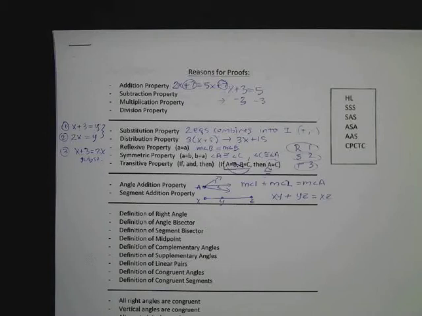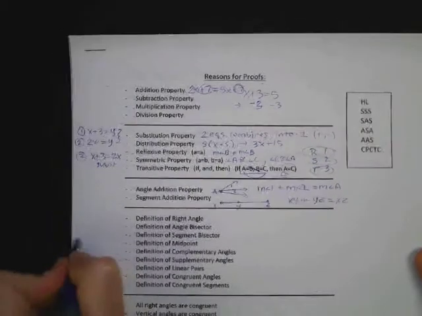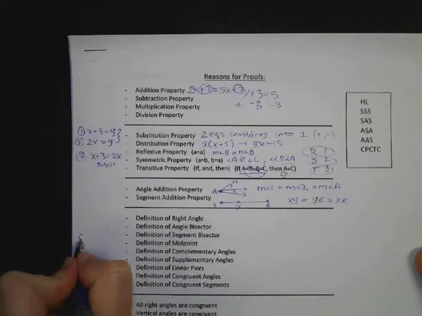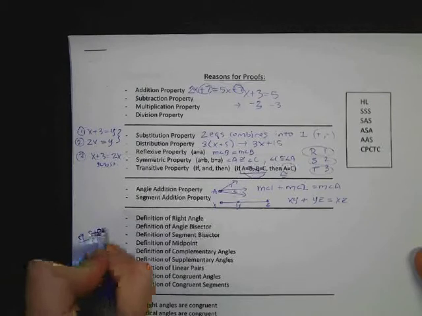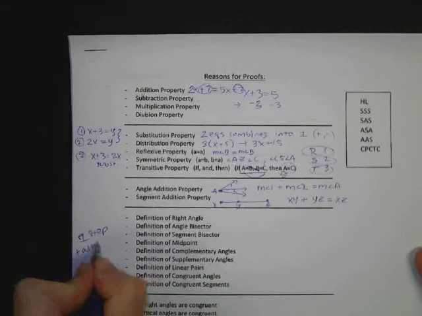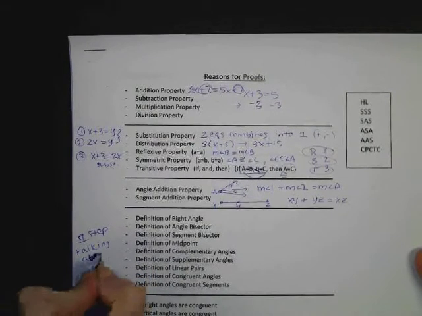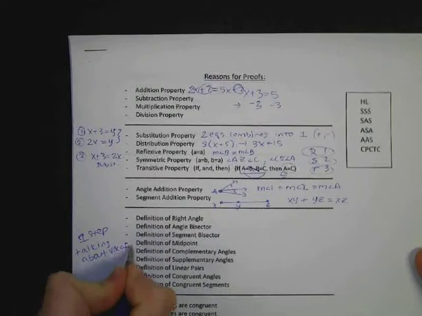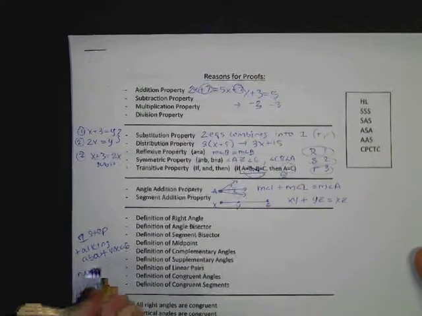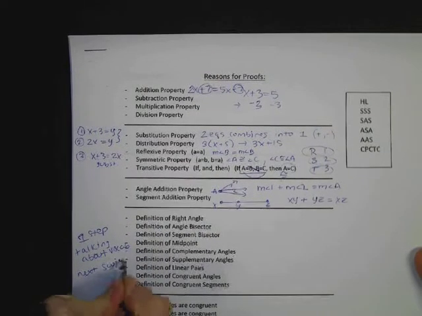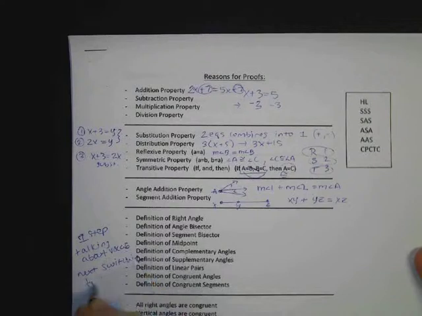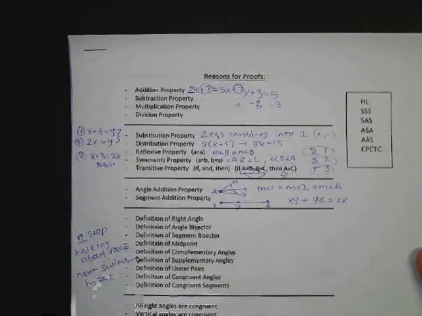All right, definition of a right angle would be, and definition of anything changes from one step talking about words or about vocab, and then the next step switching to numbers in the equation.